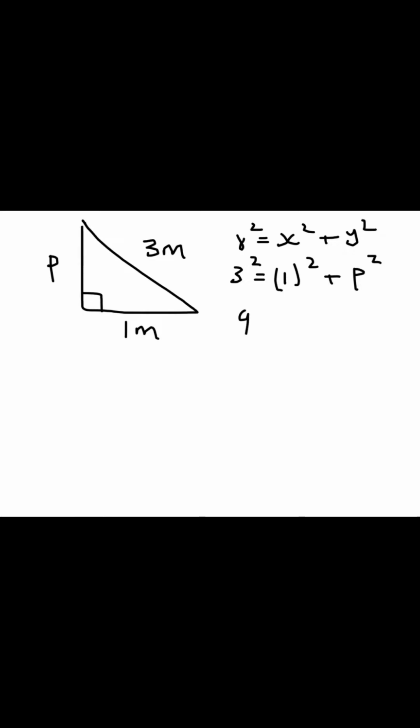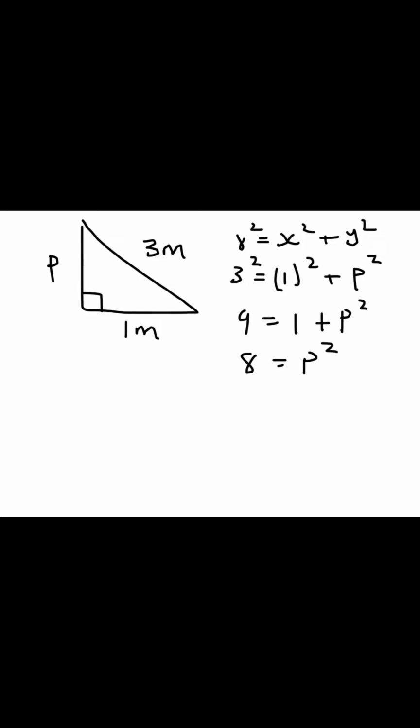Then 3 squared, definitely that is 9, which equals 1 squared, what is 1 squared? It is just that. And then p squared, that's what you are looking for. 1 to the other side, 9 minus 1, definitely that will be 8, which equals p squared.